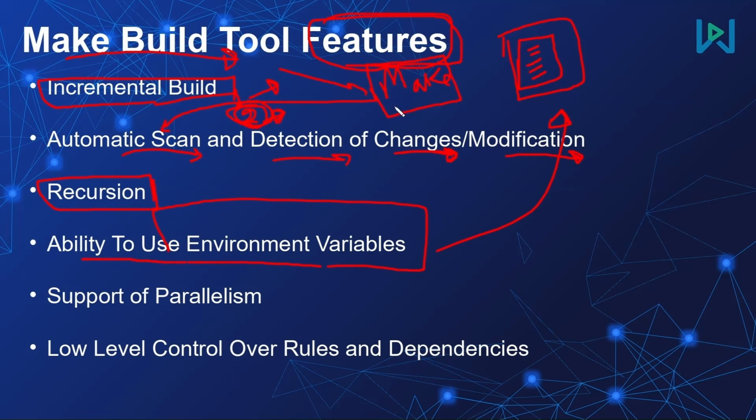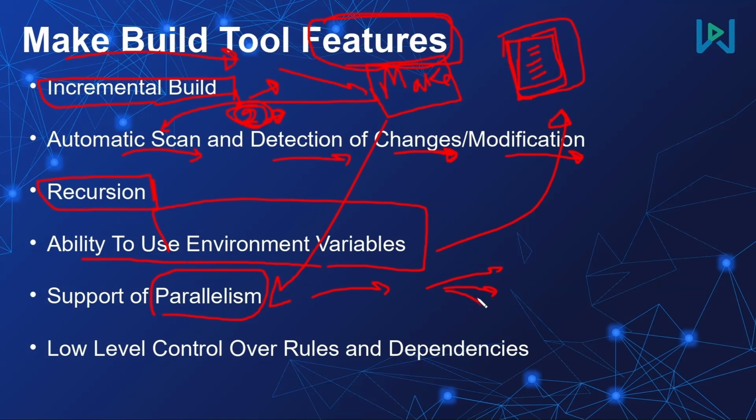Also, the Make build command does support parallelism. It means we can have the whole processes that are needed to parse and execute the different rules run in a parallel way.